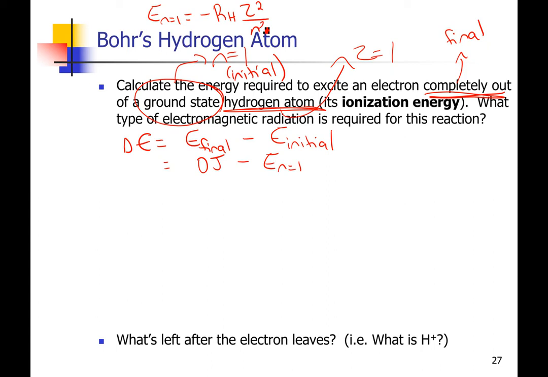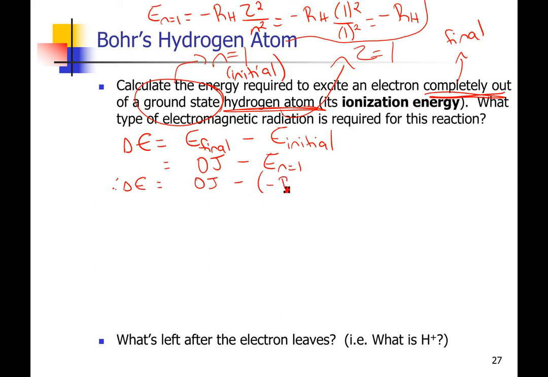So plug in those 1's and we get negative R_H times 1 squared over 1 squared, which sure looks a whole lot like negative Rydberg constant. And so our delta E, our energy change for this reaction, is 0 joules minus the negative Rydberg constant, or the Rydberg constant, which is 2.179 times 10 to the minus 18 joules.